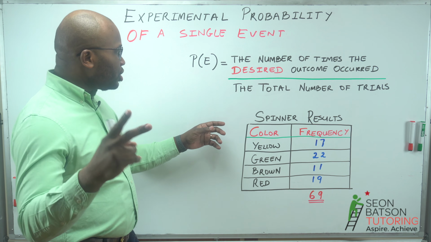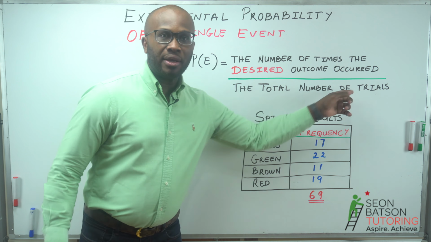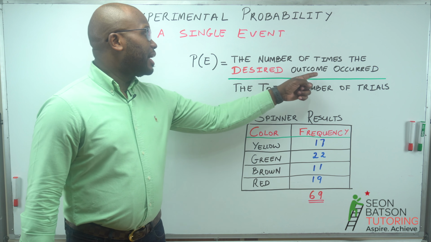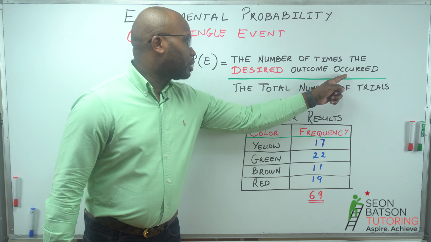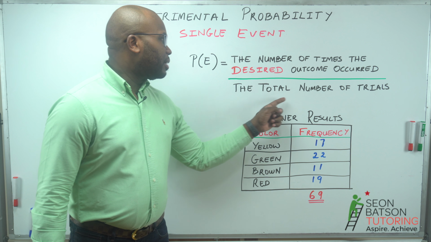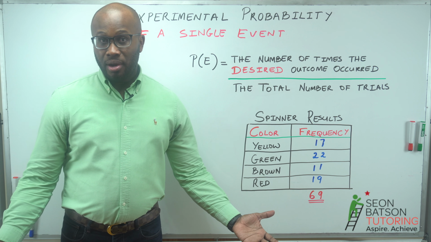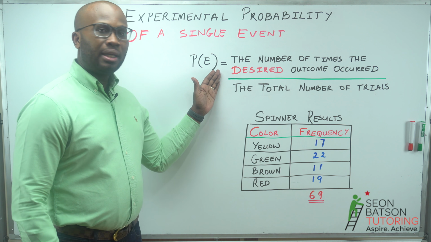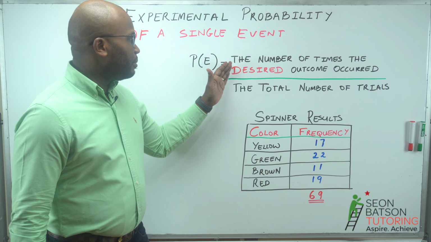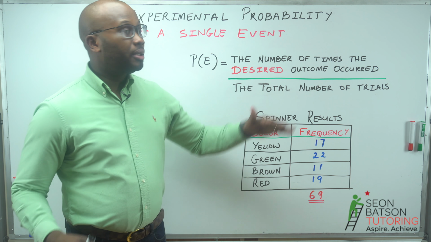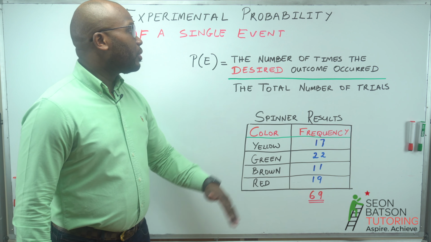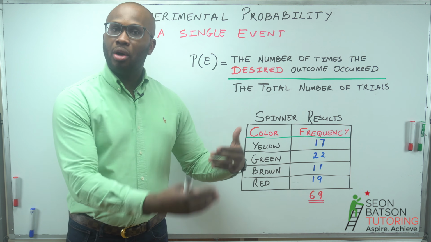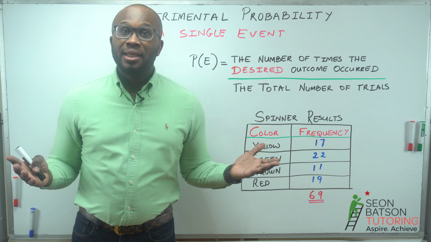And second, we will need the total number of trials in the experiment. Once we have those two, we will express the probability as a fraction, with the number of times the desired outcome occurred being the numerator, or going on top, and the total number of trials being the denominator, or going at the bottom. That's simple.